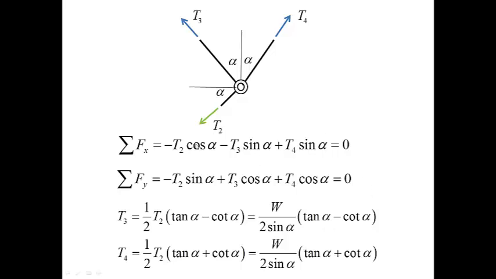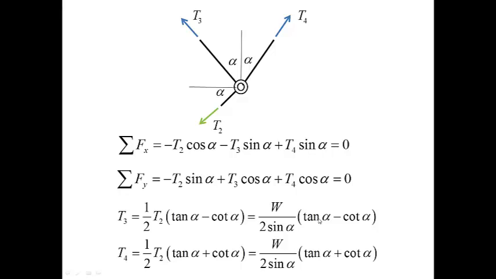Since I have already determined T2, I can solve these 2 equations for T3 and T4, and these are the answers. Please pay your attention that T3 is less than T4. That's point number 1.